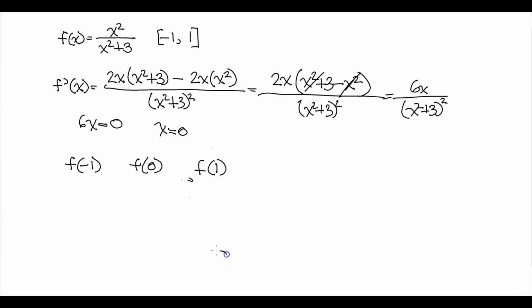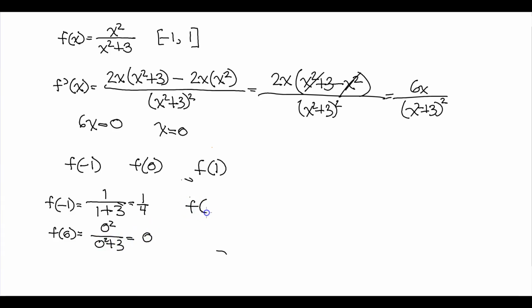So f of -1 equals -1 squared, that's 1, over -1 squared, which is 1, plus 3. So we have 1/4. F of 0 equals 0 squared over 0 plus 3, which is obviously 0.